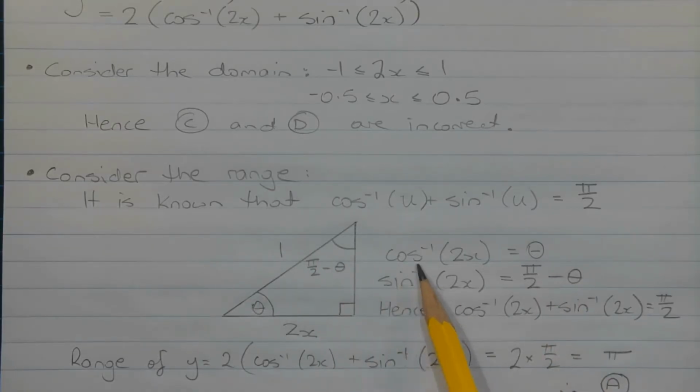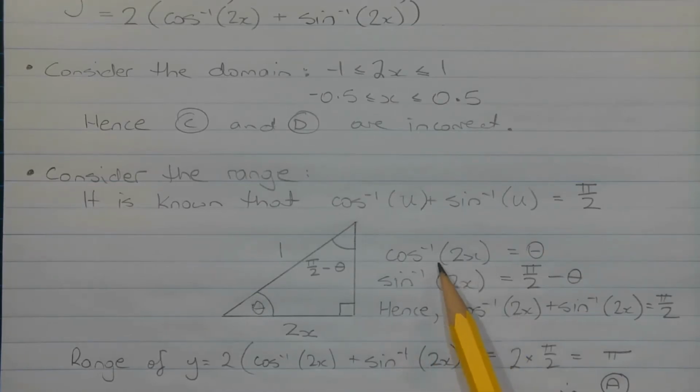Recall that inverse sine of 2x, that's opposite over hypotenuse. So this becomes the opposite side relative to the angle here. This is the hypotenuse again. So inverse sine of 2x is equal to pi over 2 minus theta. And of course, inverse cos and inverse sine are complementary to each other.